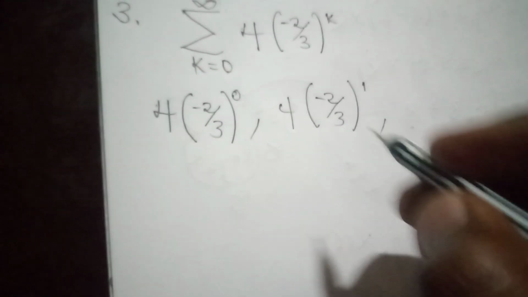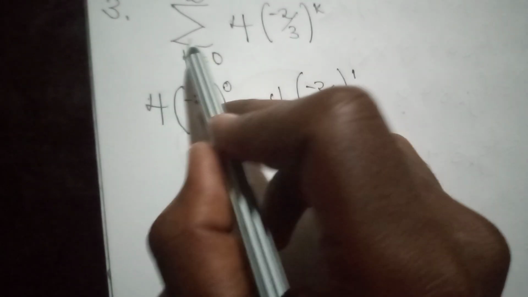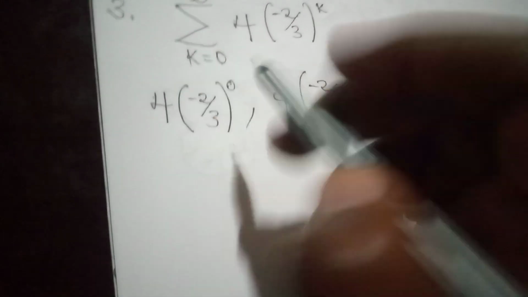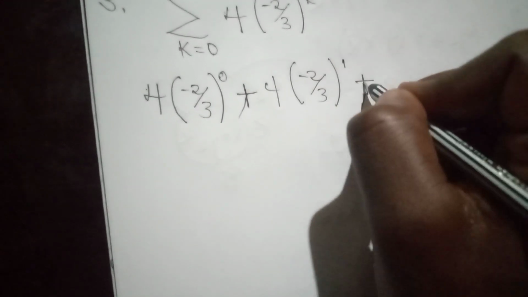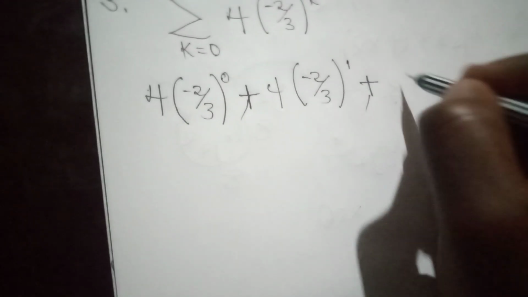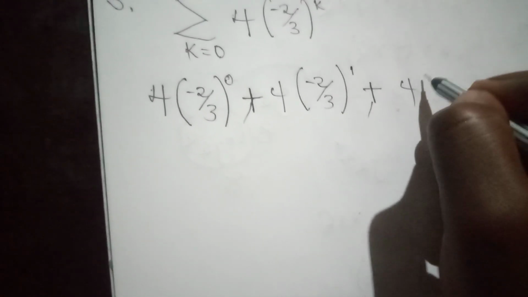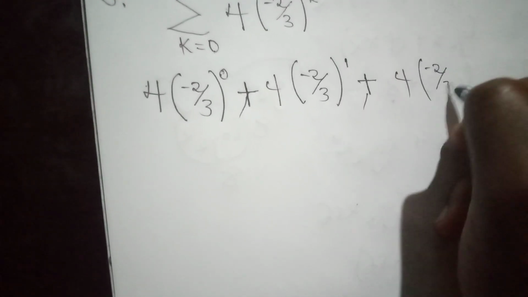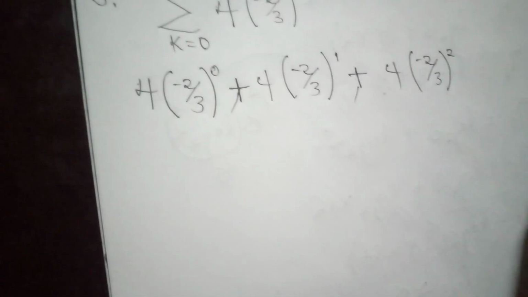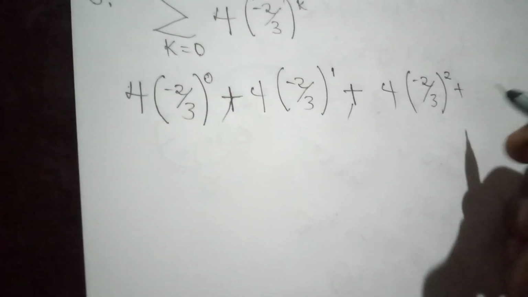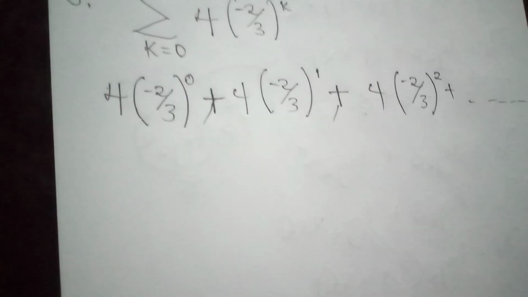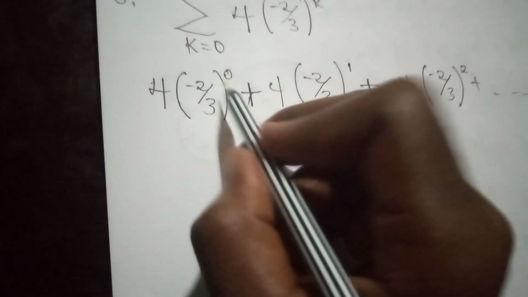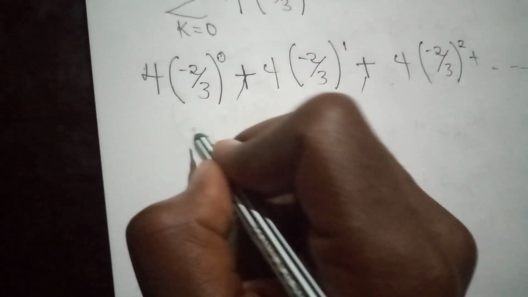Since this is a summation symbol, you have to put addition also there. So plus 4 times negative 2 over 3 to power 2, plus. It can continue up to infinity.